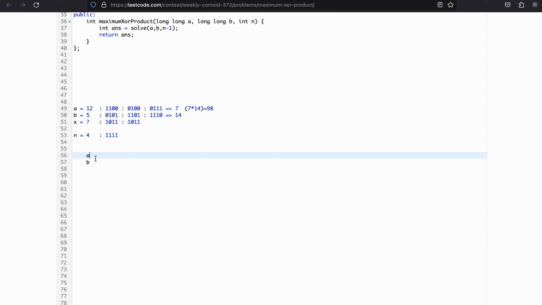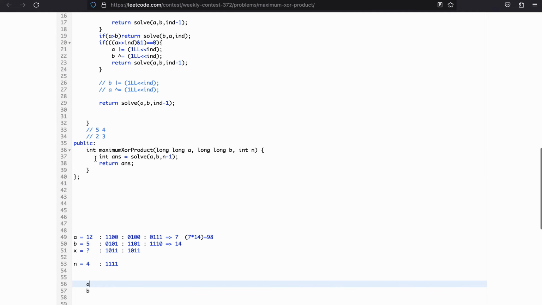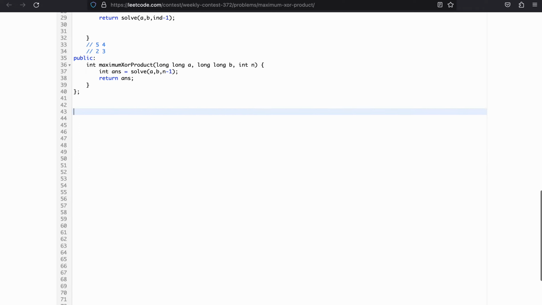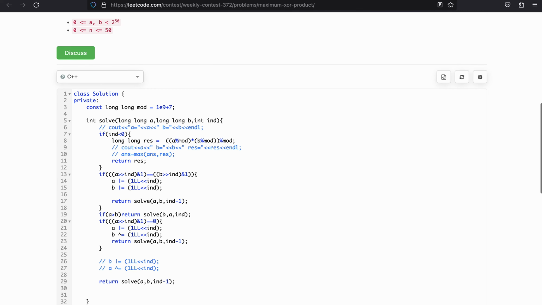If b is minimum, then we try to set the ith bit to 1 in b, and the ith bit in a should be 0. So this is the approach, and we try to solve using a basically simple approach.